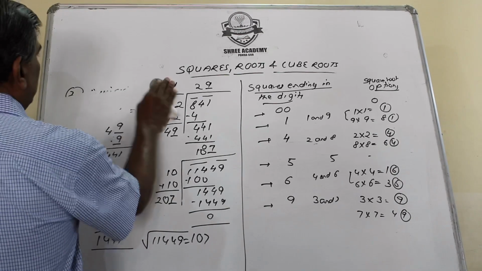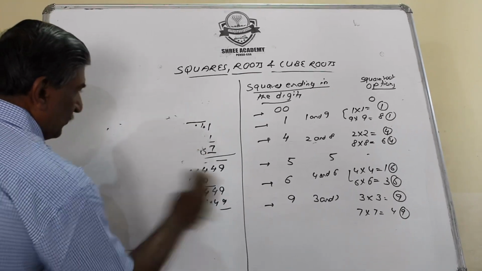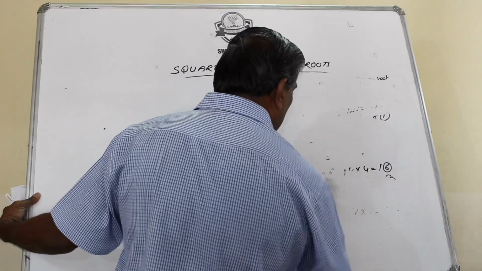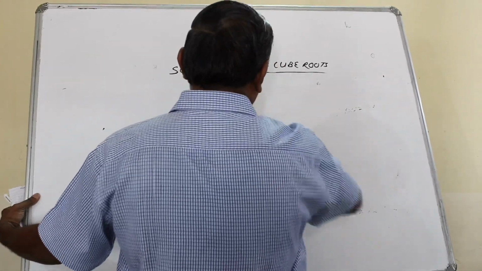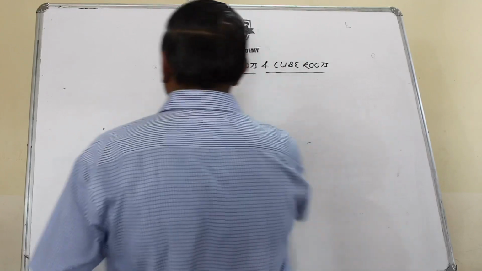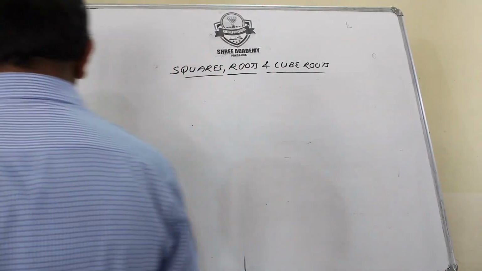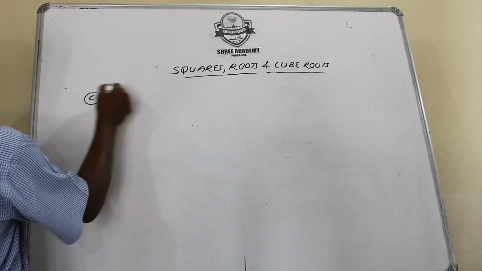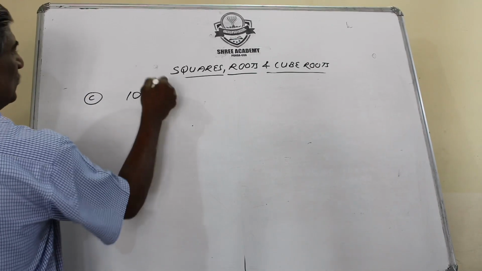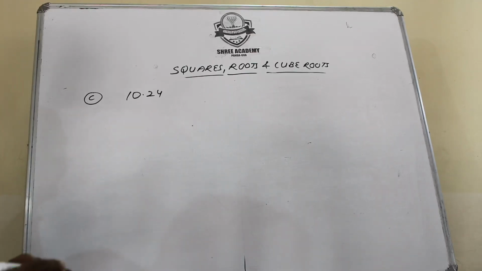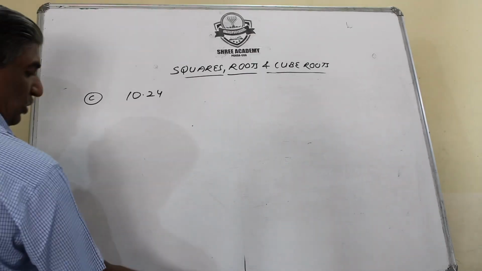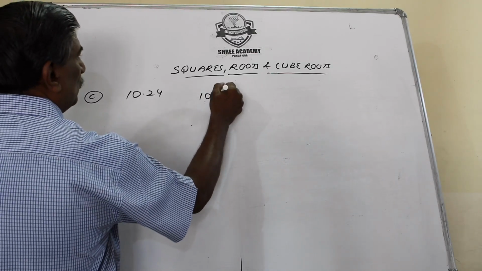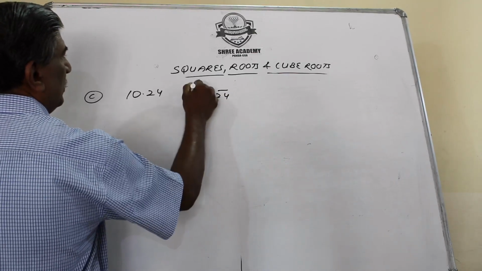Now after this division method, we can see how to use this division method for finding square roots of decimals. Now if I have a decimal, say I want to find the square root of 10.24. Remember, what you have to do is simply write 1024 and start the division method.